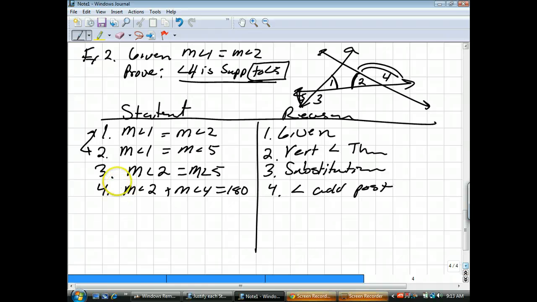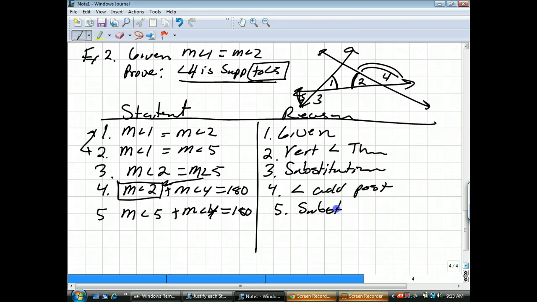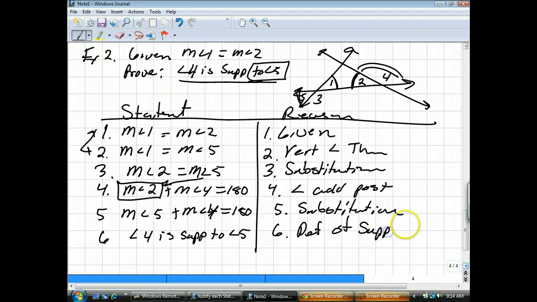But in place of angle 2, I can substitute measure of angle 5. So measure of angle 5 plus measure of angle 4 equals 180. And I use substitution. Okay. And then I can say angle 4 is supplementary to angle 5, and that's by definition of supplementary angles.